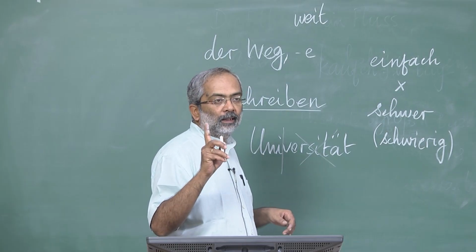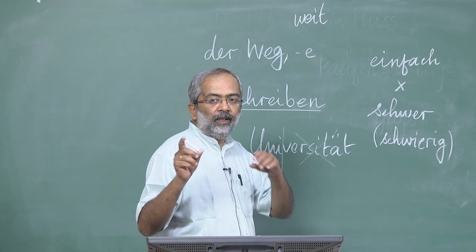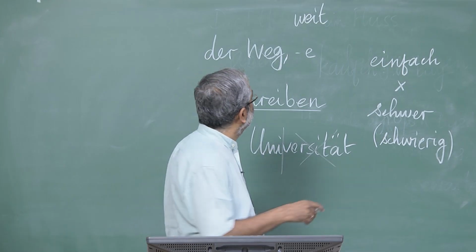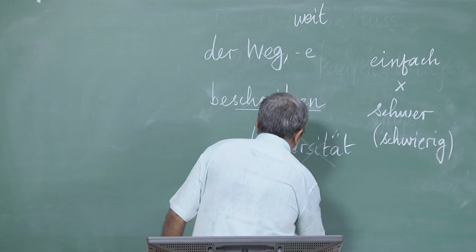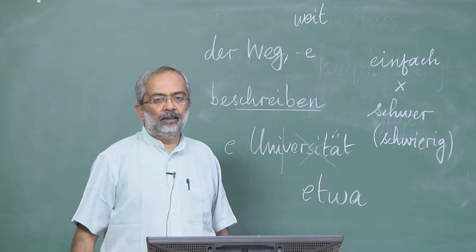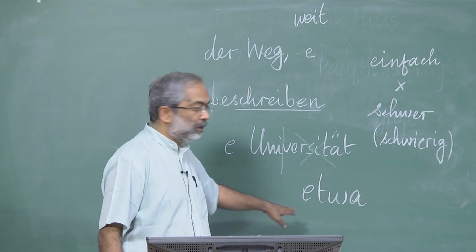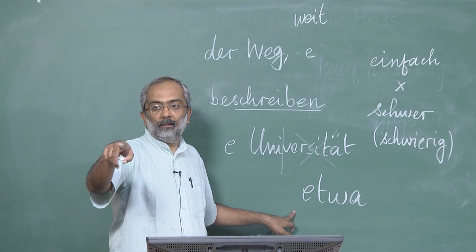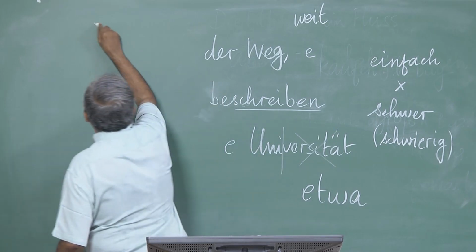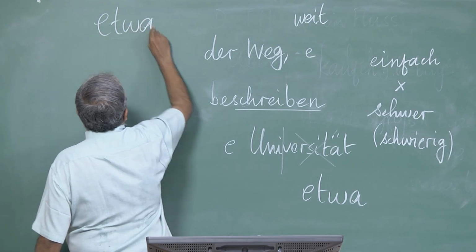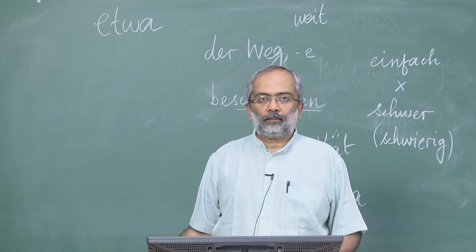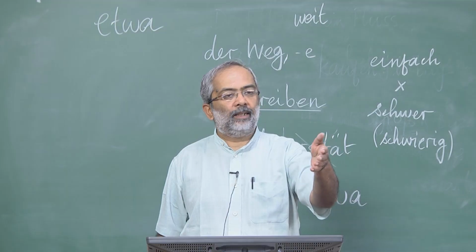Circa, another very frequently used word for roughly, approximately, about is etwa. Etwa. Can you see it? Etwa 100 Meter.